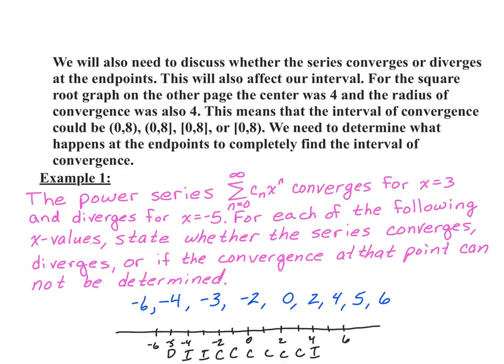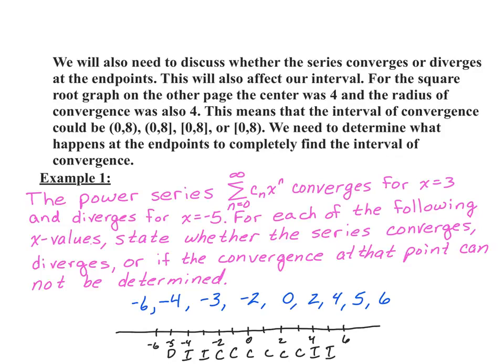Now, we do have this information saying that it diverges at -5. All right, so what if our radius was 5 for our radius of convergence? Well, -5, it is diverging, which means +5 would be the other endpoint. We do not know whether it converges or diverges at 5.